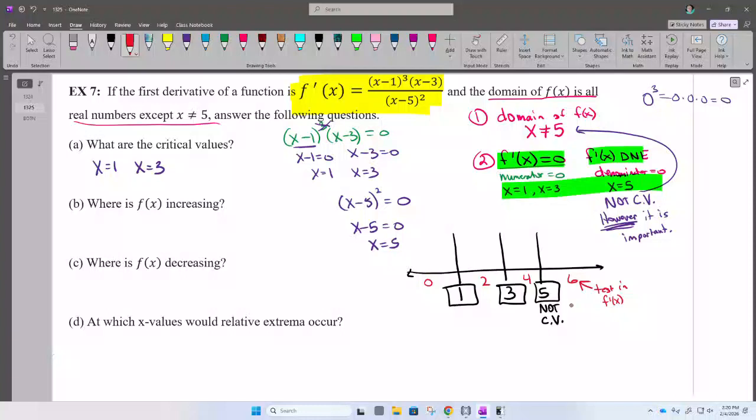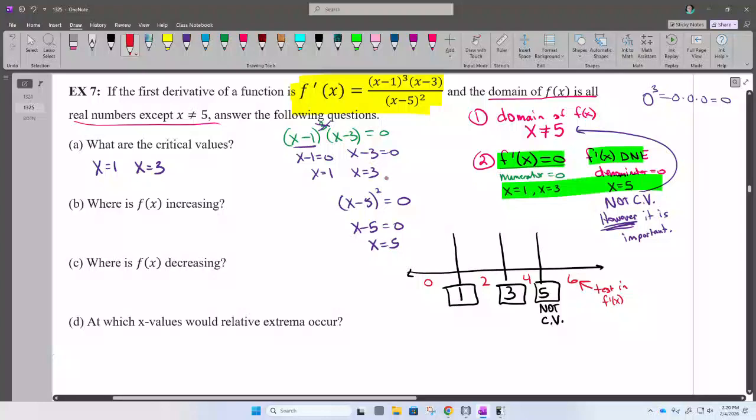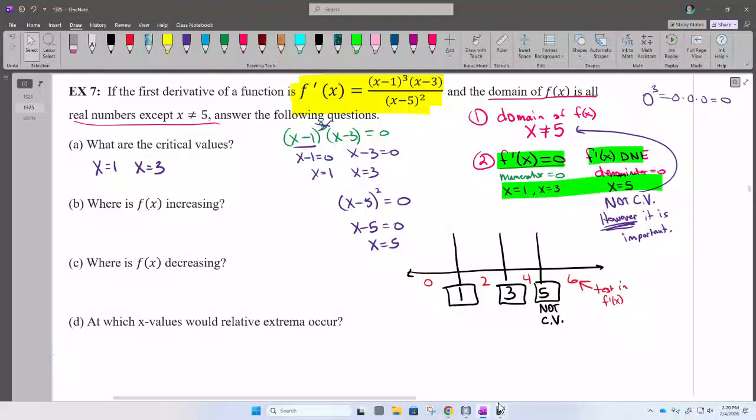I don't want to put them back into the original function because what would that give me? A y value. And we don't have an original function to do that to anyway. But just a re-emphasis: we're putting them in the derivative to see if we get positive or negative. So I'm going to put this derivative into my calculator.